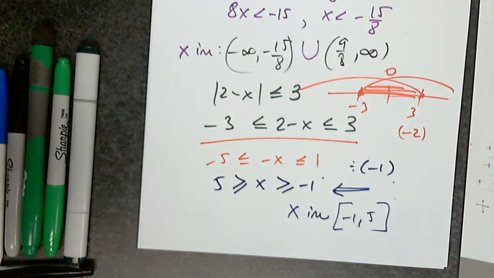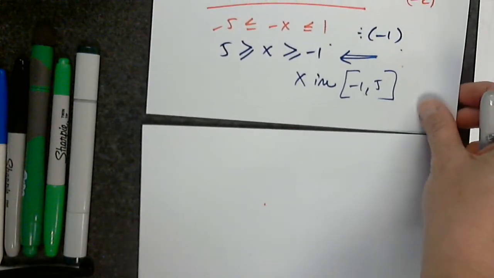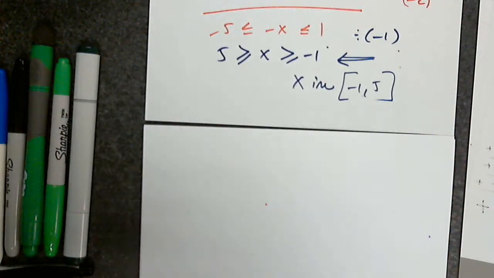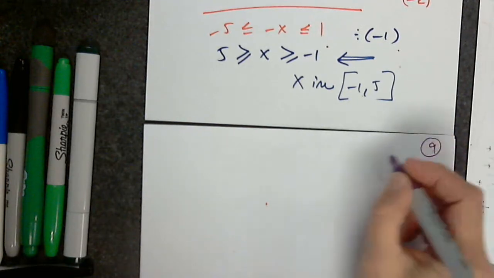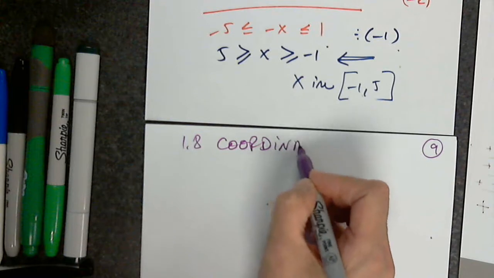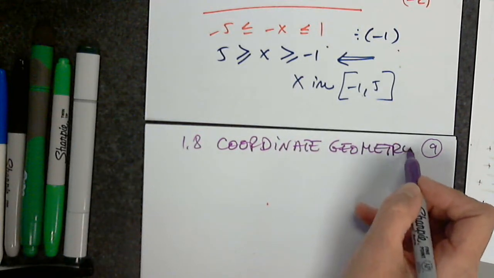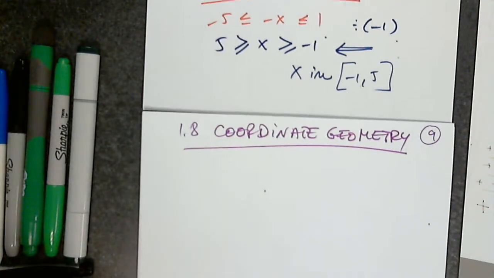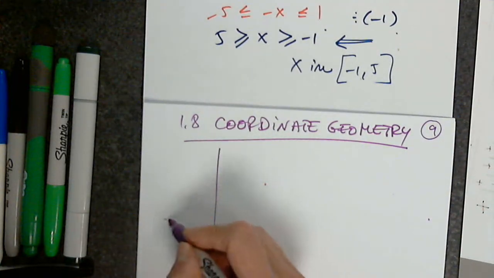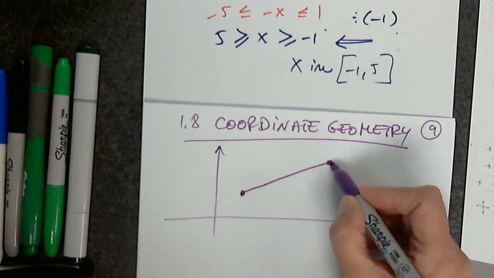I would like to remind you in section 1.8 about the distance between 2 points and the midpoint. So 1.8, coordinate geometry. And let's suppose we have a point here and a point here.